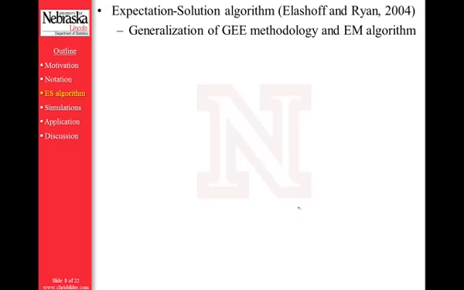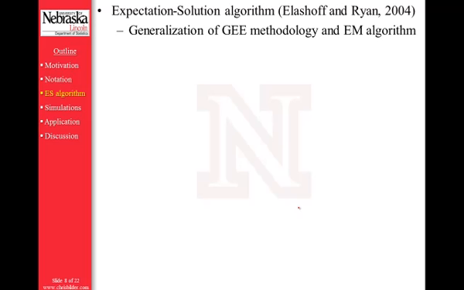Once we have that, we can talk about how to estimate the parameters in our model. This is where the expectation solution, or ES algorithm, comes in. That was proposed by Lassoff and Ryan in 2004. For our purposes here, we can think of it as a generalization of GEE methodology and the EM algorithm.